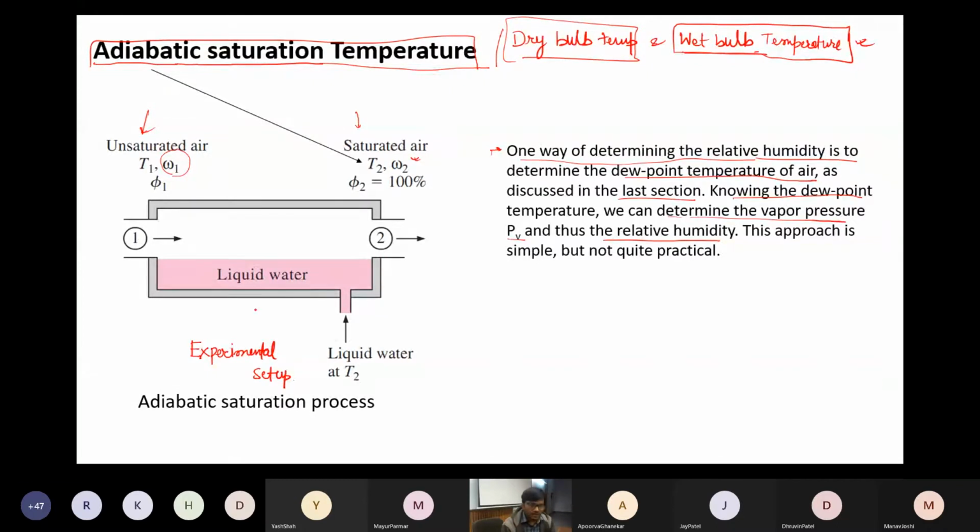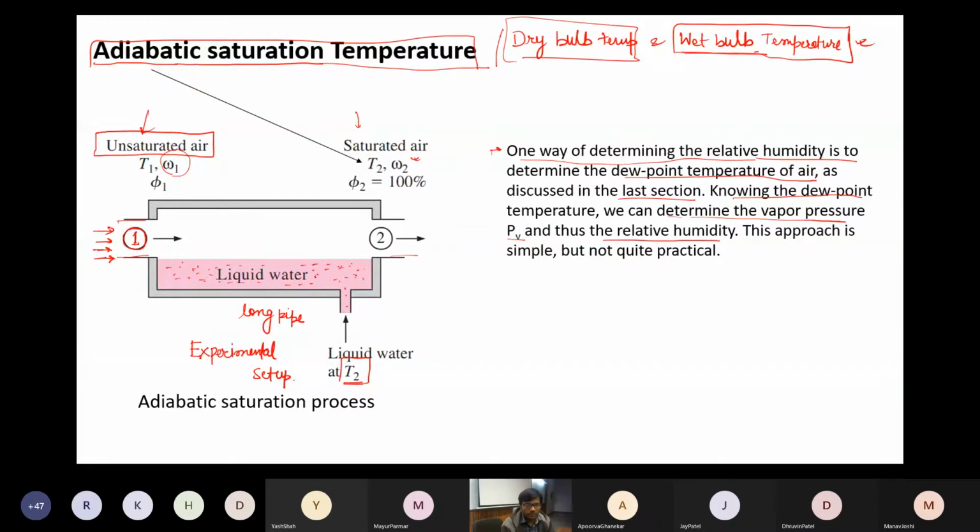In this setup, there is a long pipe. This pipe is very long, in which liquid water is kept at constant temperature T2. It is kept in this enclosure, and you circulate unsaturated air from one end, from this inlet 1.